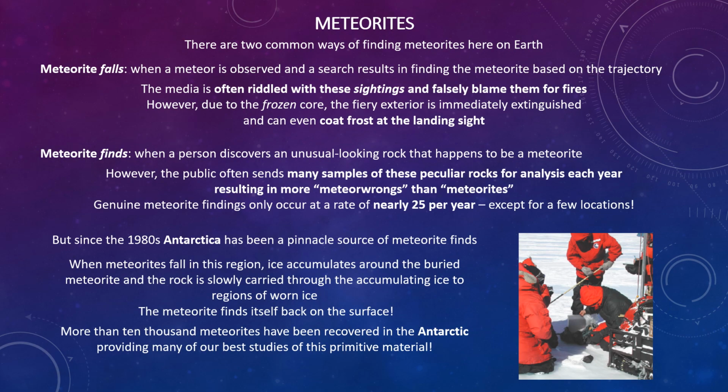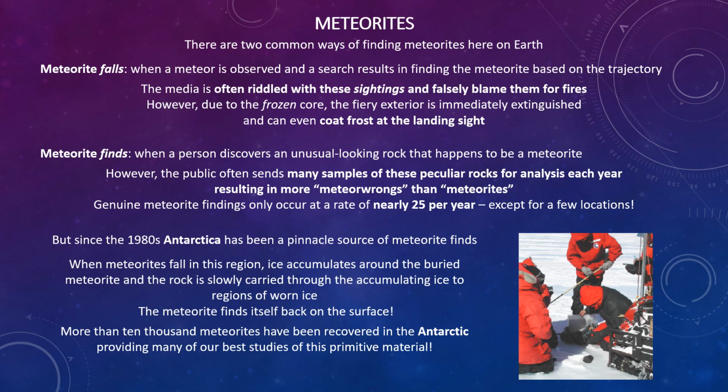There are a couple ways of finding meteorites when they land here on Earth. One way is to watch them fall. And so when a meteorite is observed and its trajectory through the atmosphere calculated, a position can be given for its rough landing location, and then a search can be started.